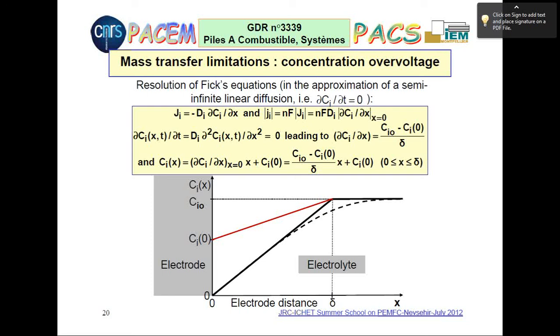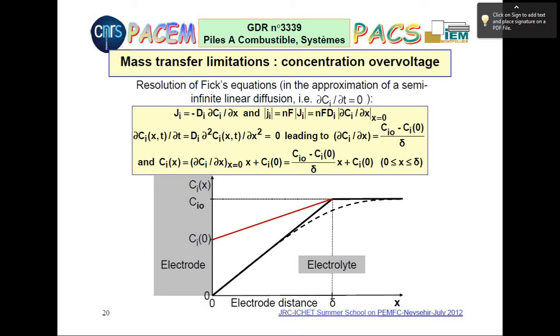The current density is the same quantity times nF. And you have Fick's second law, which gives you the conservation of matter inside the system, and under steady state, the variation with time is zero.